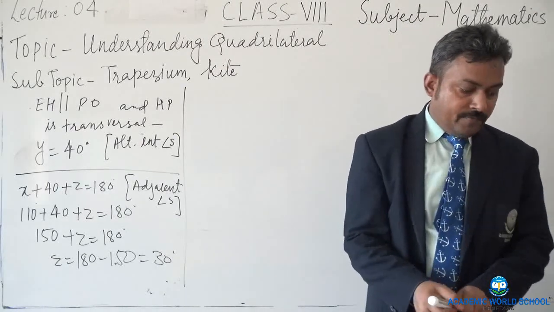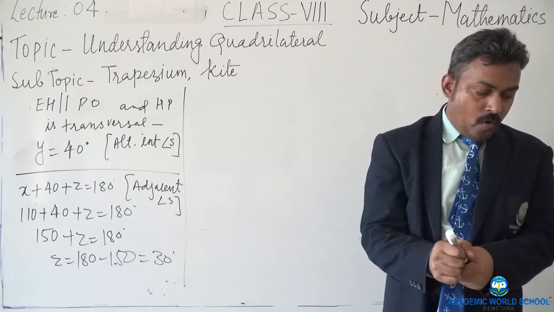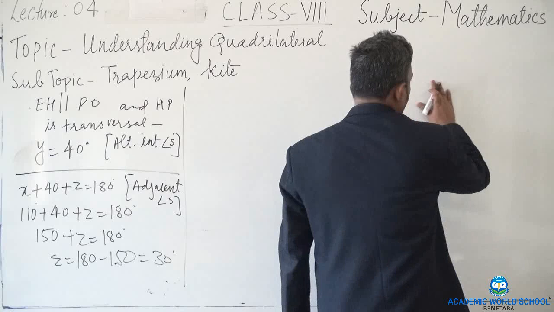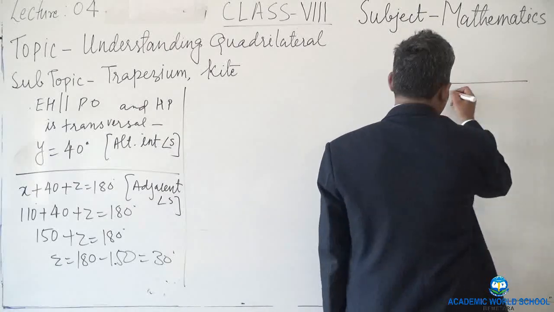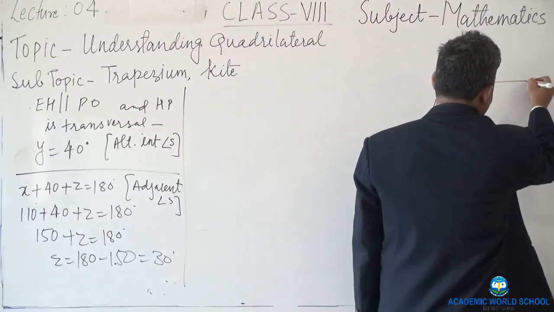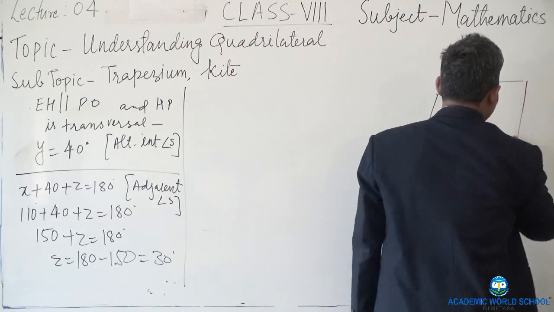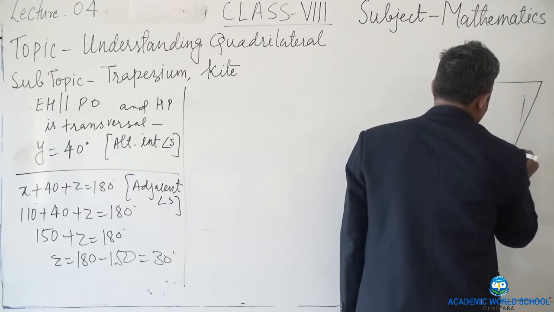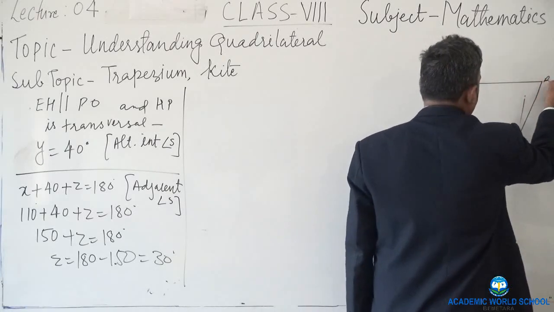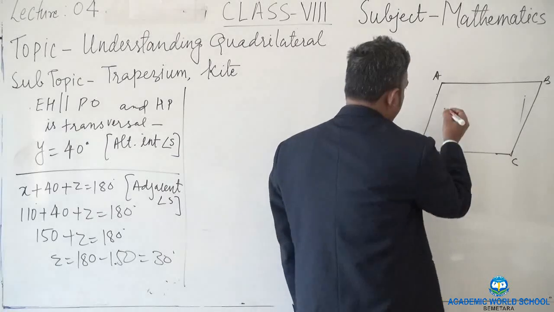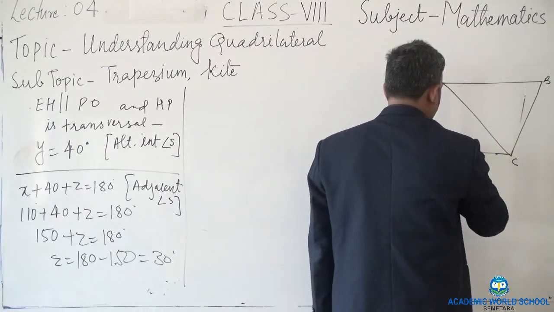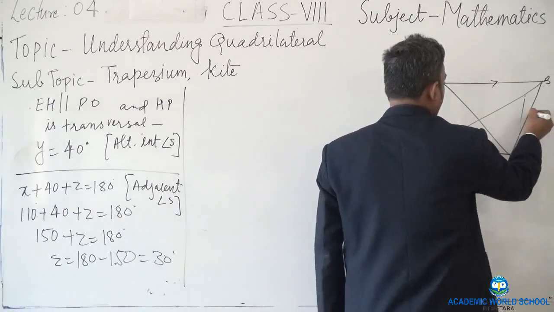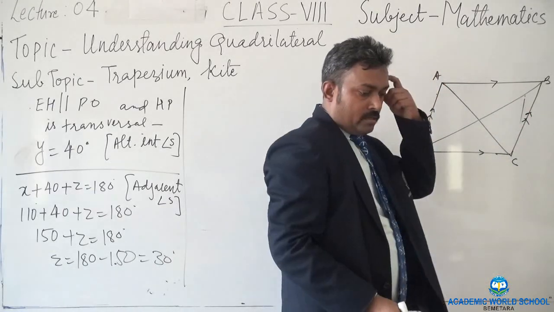We have to find the value of X and Y. The length of the diagonals of the parallelogram is given here. This is the parallelogram, suppose ABCD, and AC and BD are diagonals.